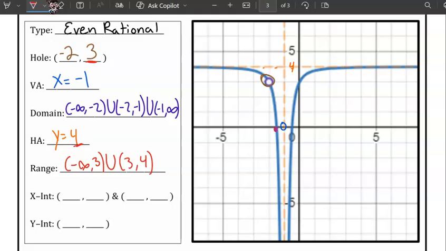For x-intercepts, we have 2 of them. Let's approximate those. We'll say (-1/2, 0), and looks like (1.5, 0). Oh, and (-1.5, 0). And for the y-intercept, we have (0, 3).